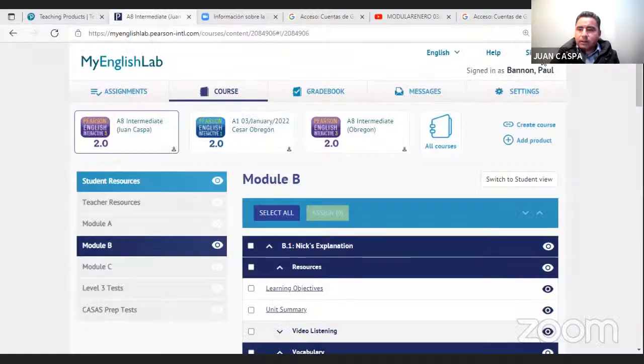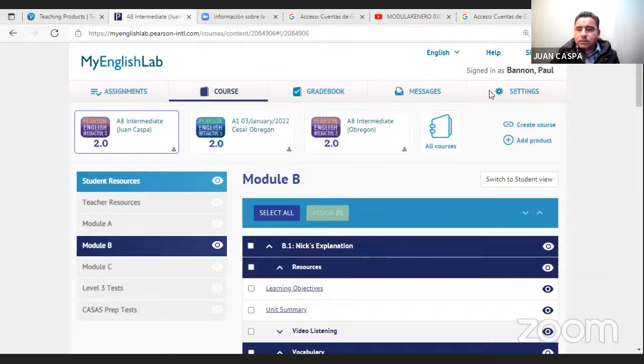In any case, I'm going to show you what our material is. Let me share my screen right now in order to show you what we're working with. Basically, I think right now you can see my screen, right?